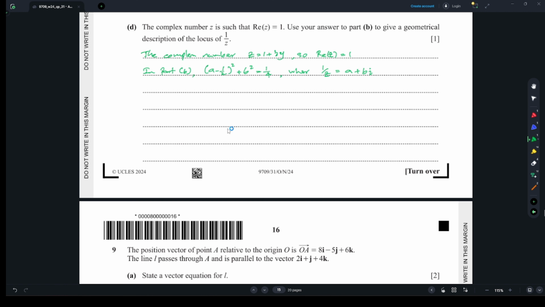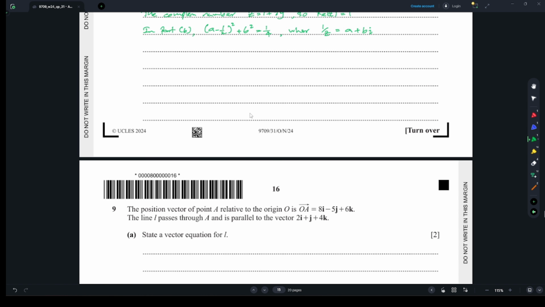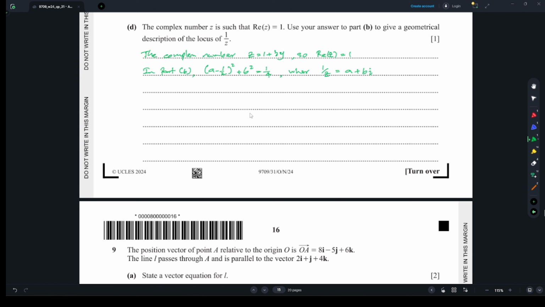Okay. So now how we can explain this. So I hope you are familiar with this one, a minus half square plus b square equals this one. So this is an equation of a circle, right?